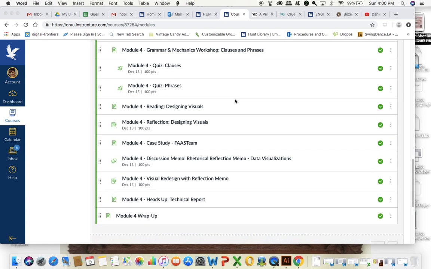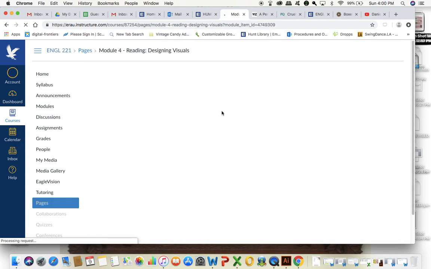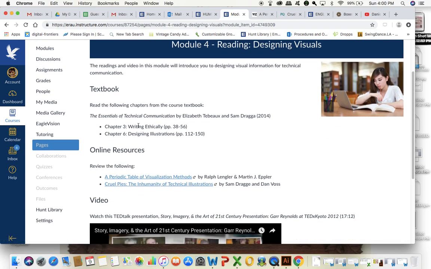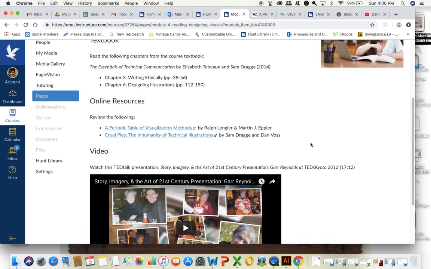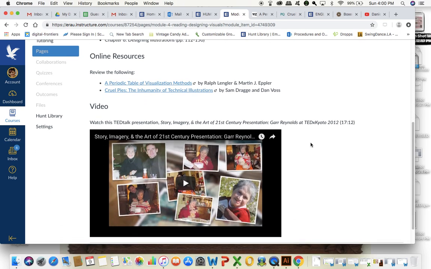And then this constitutes the reading assignments for this particular module. You can see chapter 3 and chapter 6, writing ethically and designing illustrations. And then it also asks you to take a look at the periodic table of visualization methods.